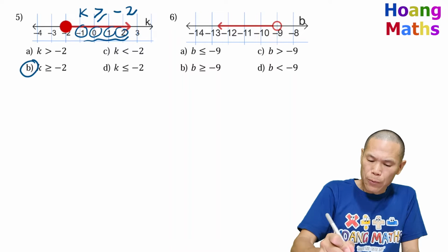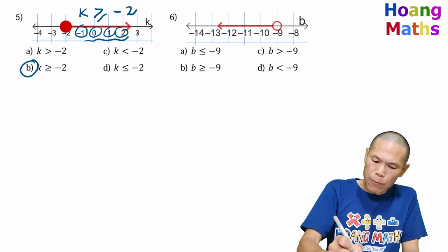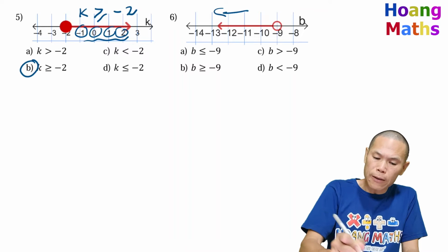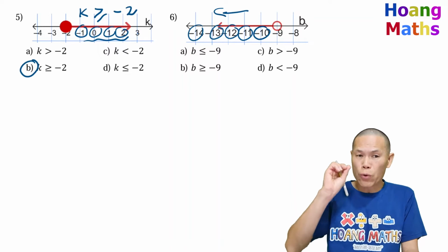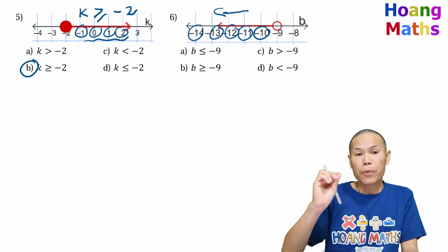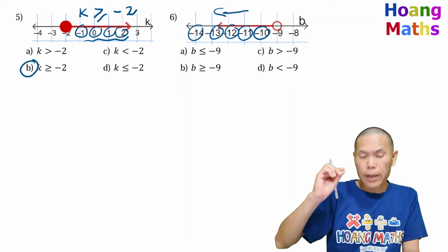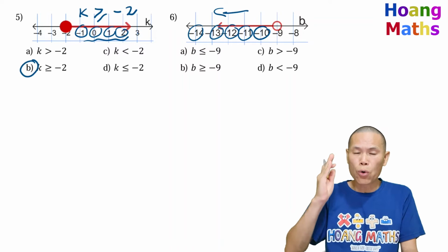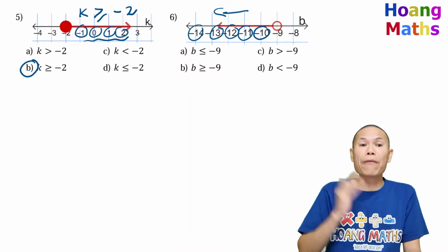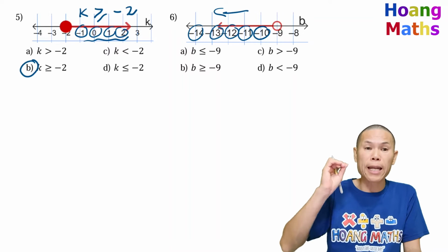Number 6. So we start from -9 and we go this way. So that means -10, -11, -12, -13, -14, and so on. So we know that all these values are less than -9, correct? Because all these numbers are on the left hand side of -9. So that means it's less than.